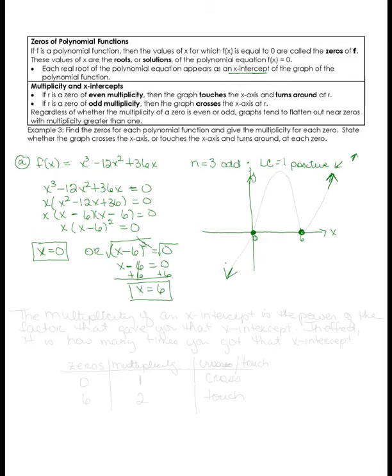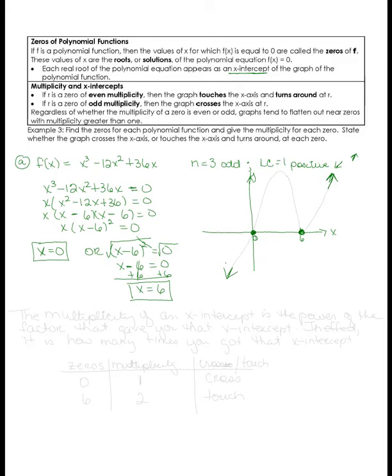I need you to understand what it means when it says crosses, or touches and turns around. Some textbooks, instead of the word touch, use the word bounce. I can visualize bounce more than just touch and turn. It bounces off that number and then jumps around. I just think bounce is much easier.